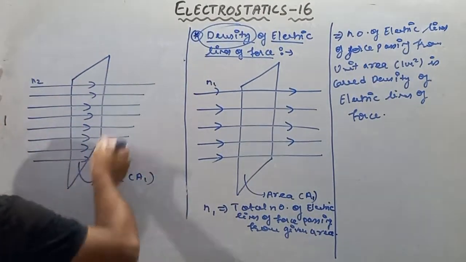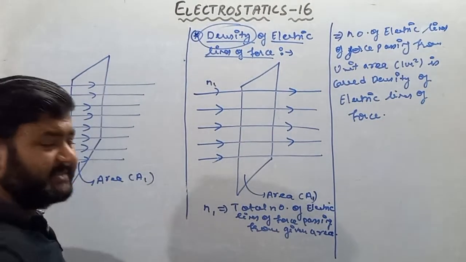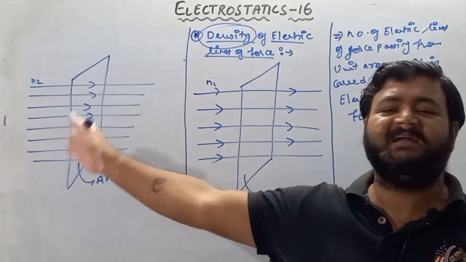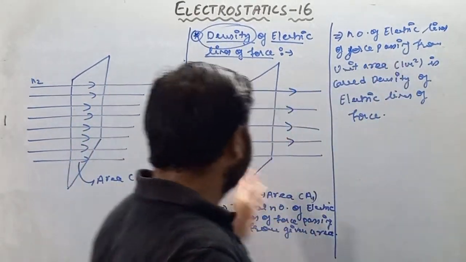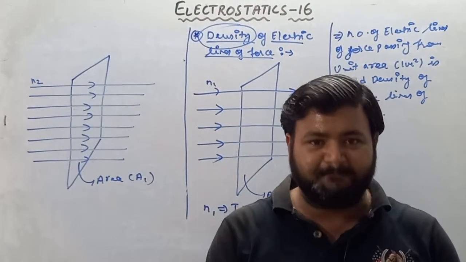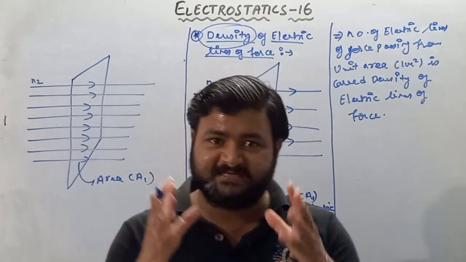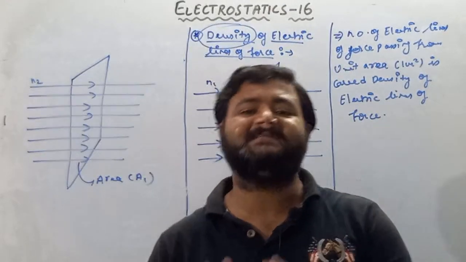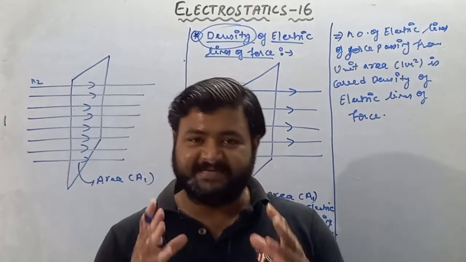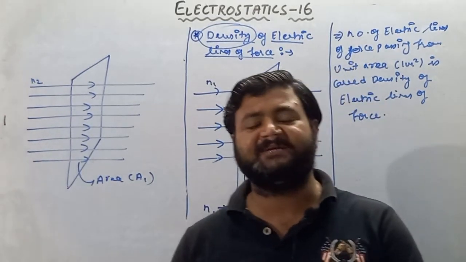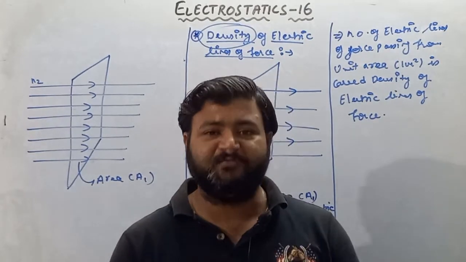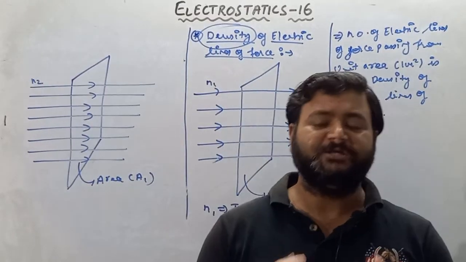So if the number of electric field lines is more, my dear student, then it is obvious that through 1 meter square more electric field lines are passing in this situation compared to this situation. If the number of electric field lines passing through 1 meter square is more, then the density of electric field lines is also more, because we know that density means the number of electric lines of force passing through 1 meter square, or unit area.